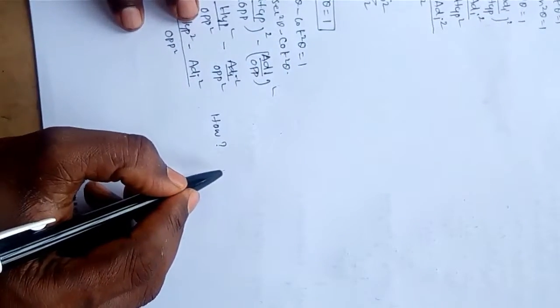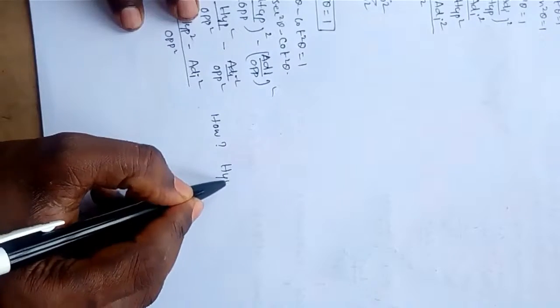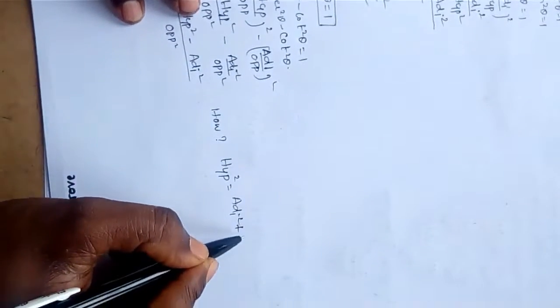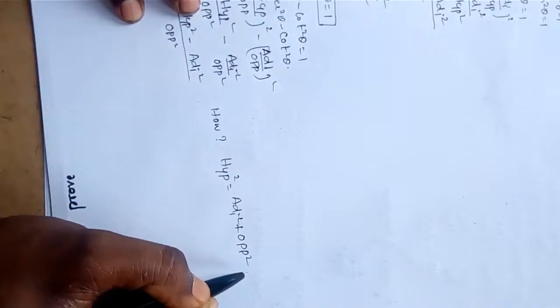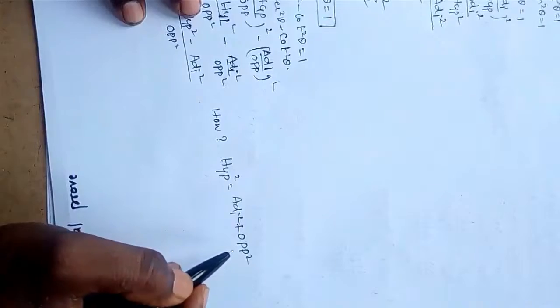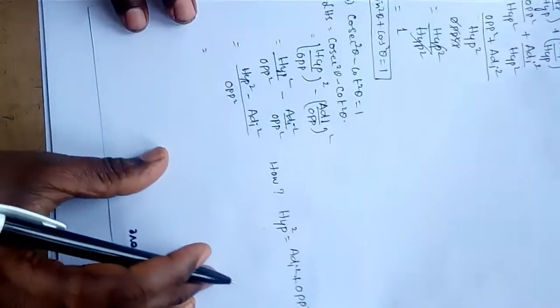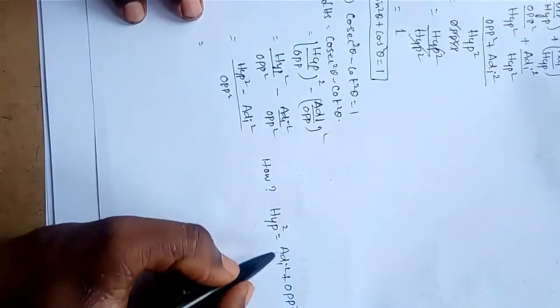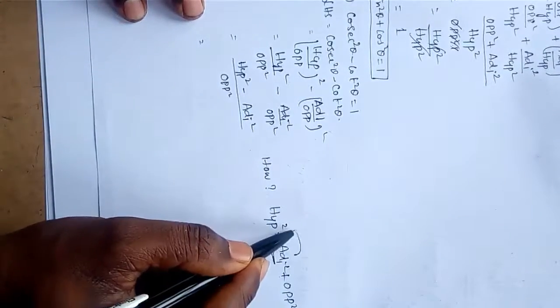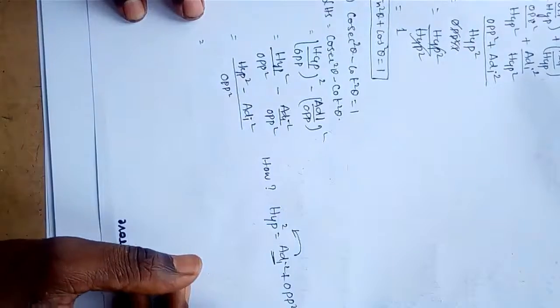By using Pythagoras theorem, hypotenuse square can be written as adjacent square plus opposite square, or as opposite square plus adjacent square also. By rearranging this equation, I am taking adjacent square to the LHS side.